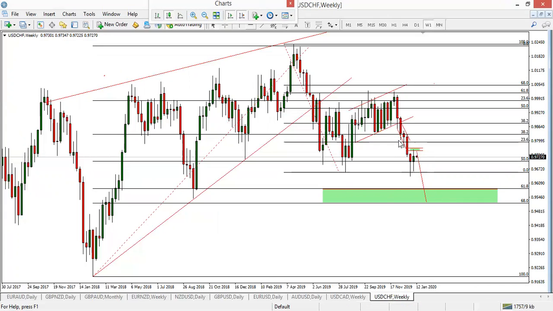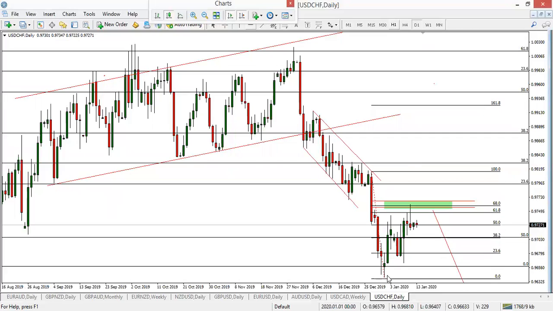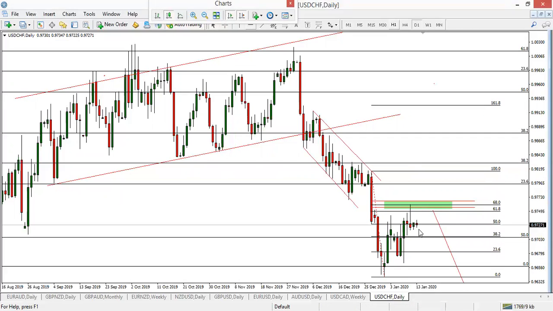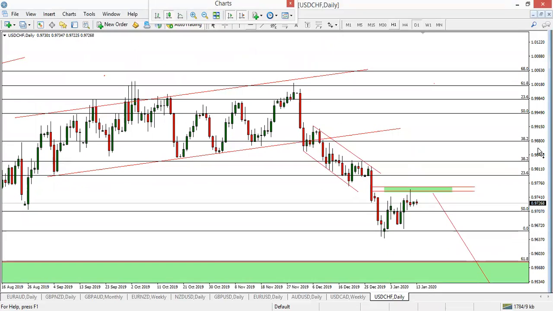So this might be a good place for trend followers to go in. And this pair is already showing indecision at this level, telling us to sell at this level. So I'll continue to wait for my trading setup, my entry criteria, before I take any action on this pair.